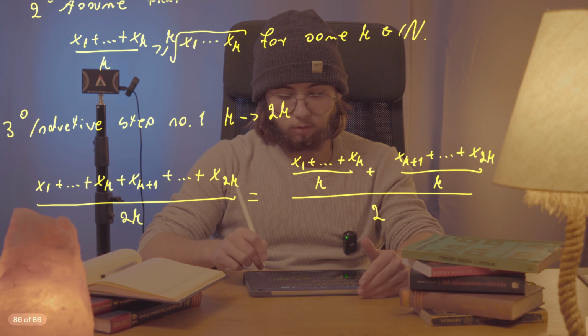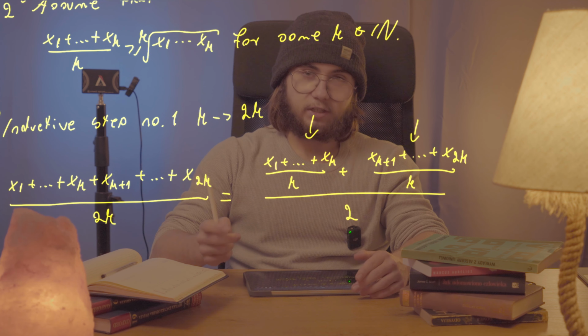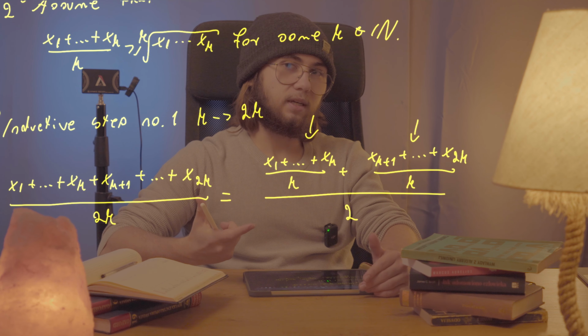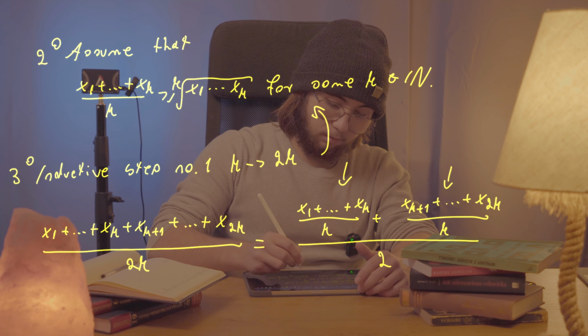Those two are equal. But the nice thing is that now, here as well as here, we just have k numbers which we divide by k. And so this is exactly the case we had in our assumption.